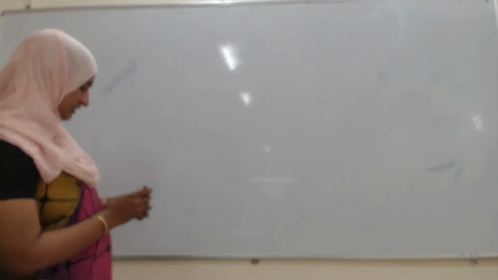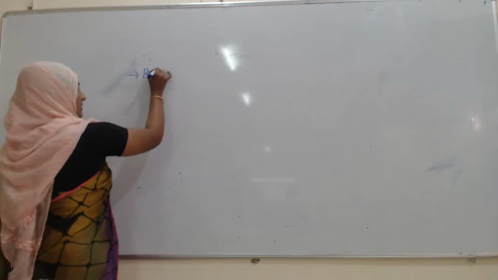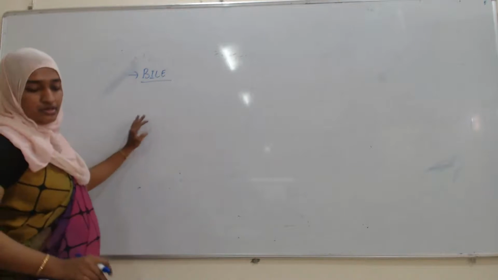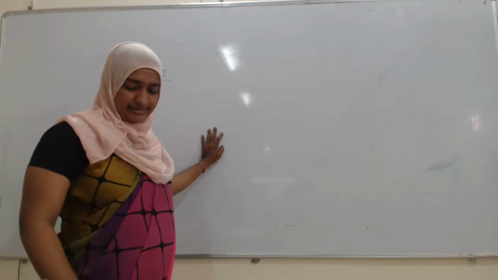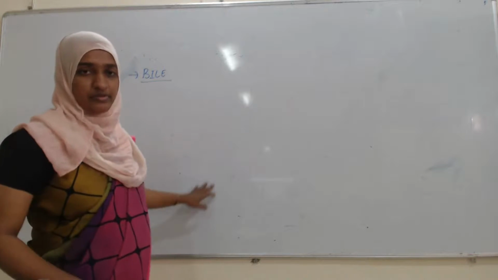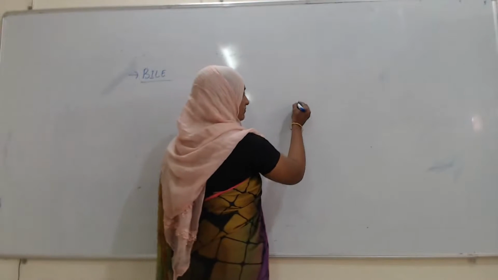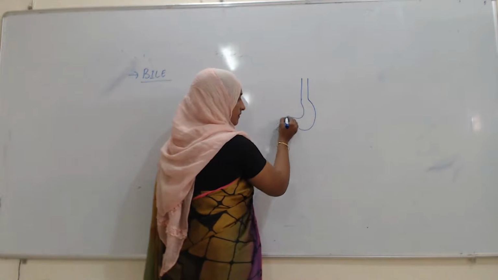Next term is bile. Okay. Here, in addition to pancreatic and intestinal secretion, a third secretion is poured into the duodenum. See, yesterday also I told you, this is the esophagus, this is the stomach.